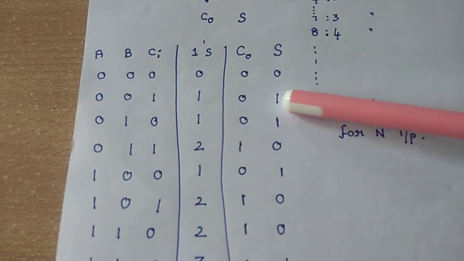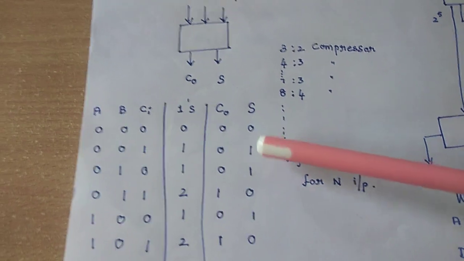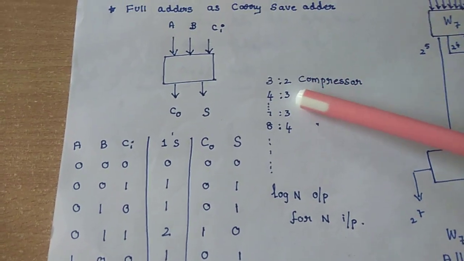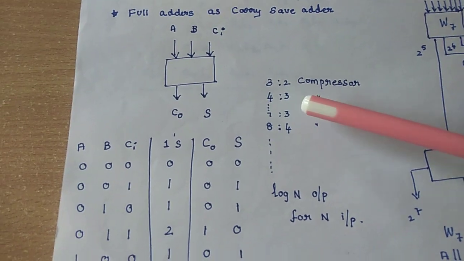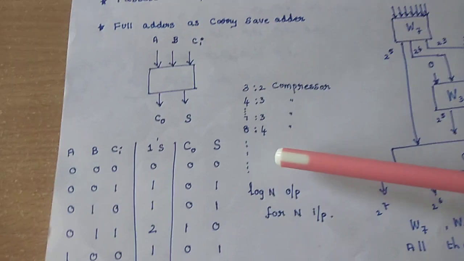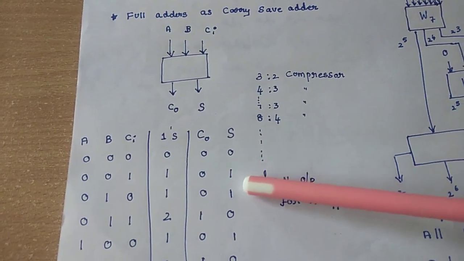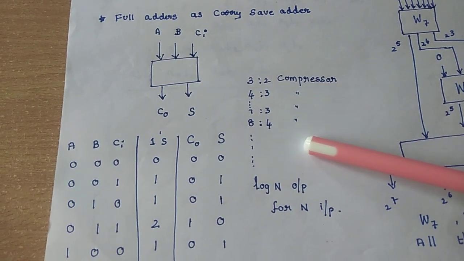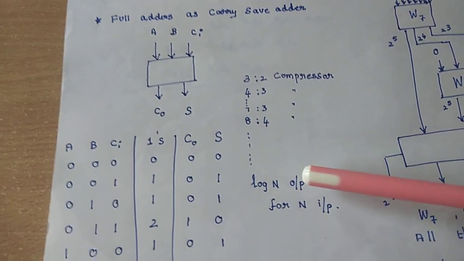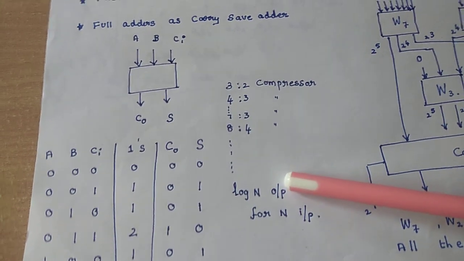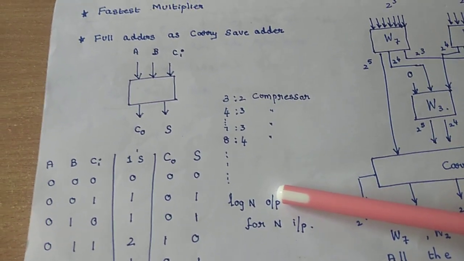With this logic, we can form a 3:2 compressor. At the same time, we can form 4:3, 5:3, 6:3, 7:3, 8:4 and 9:4 compressors. Depending upon the number of inputs and how we get the sum output, we can make use of any compressor. For example, if we give n inputs, we will get log n outputs.